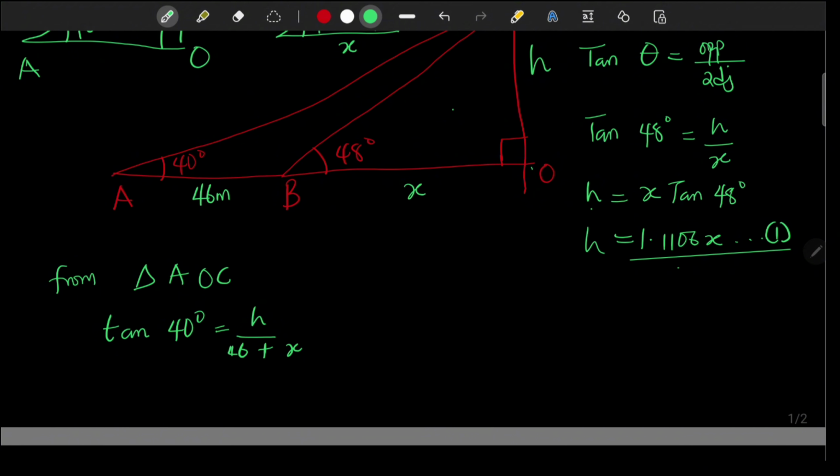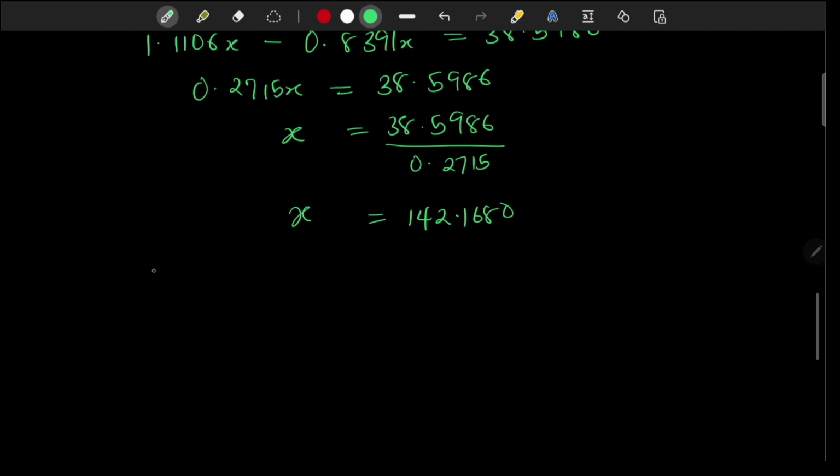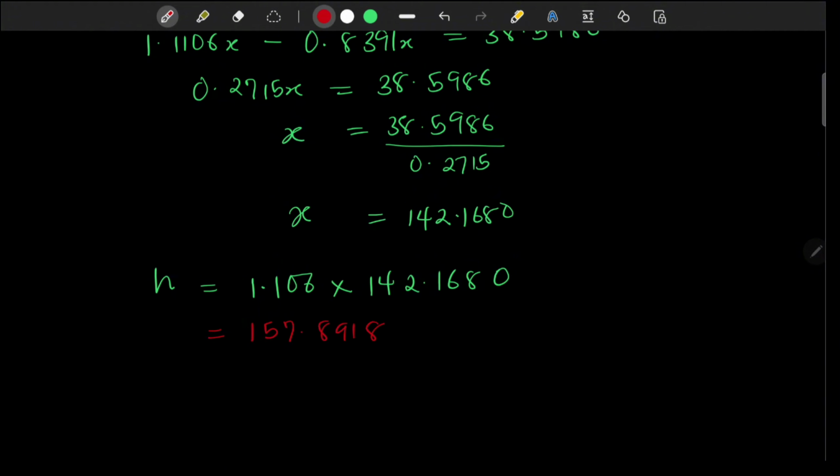So H equal to 1.1106 times x, which is 142.1680. So multiplying, you get H to be 157.8918. We're told to leave it to one decimal place.